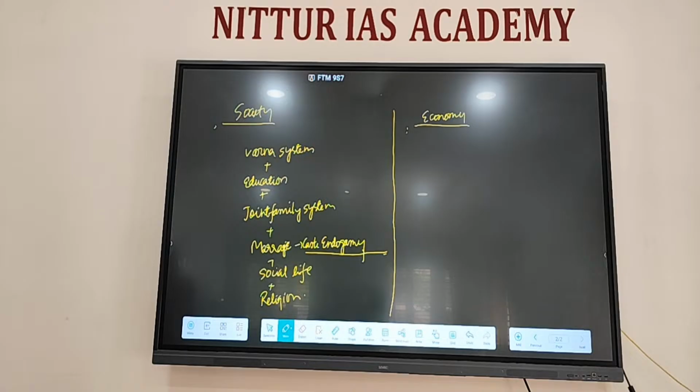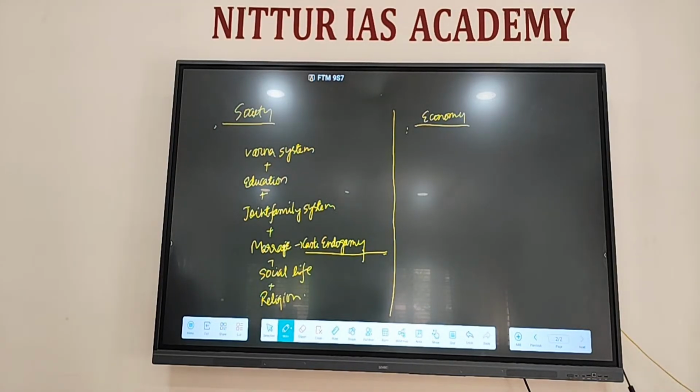Urbanization was increasing earlier, but by Gupta time it started decreasing, and more rural villages increased. Agriculture became more dominant.